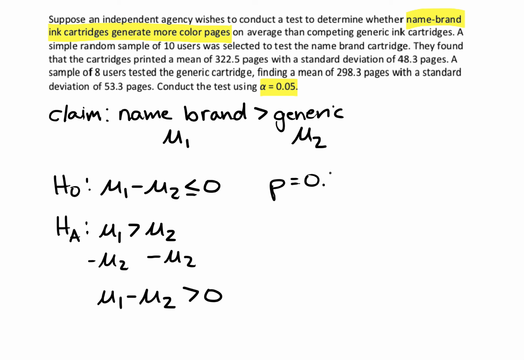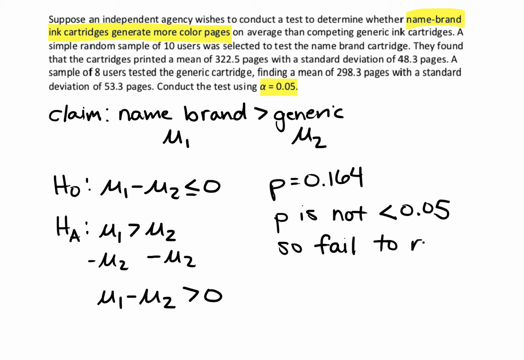And then what I'm doing is I'm comparing that again to alpha. My alpha is 0.05. Is p less than alpha? No, p is not less than alpha. So p is not less than 0.05. So that means I fail to reject the null hypothesis.